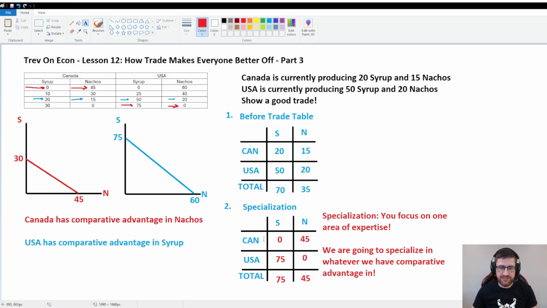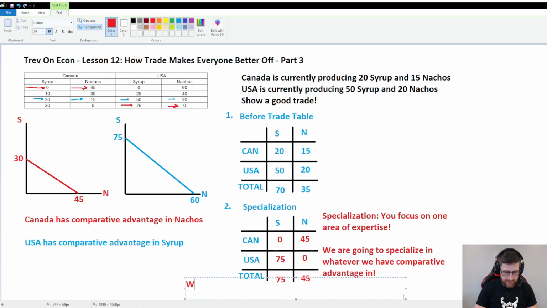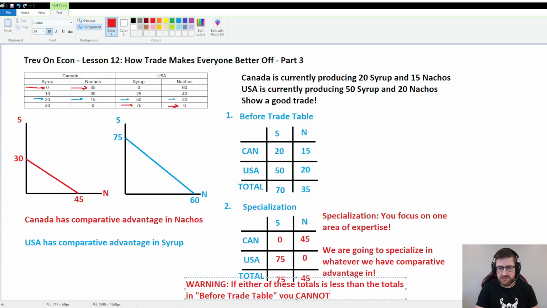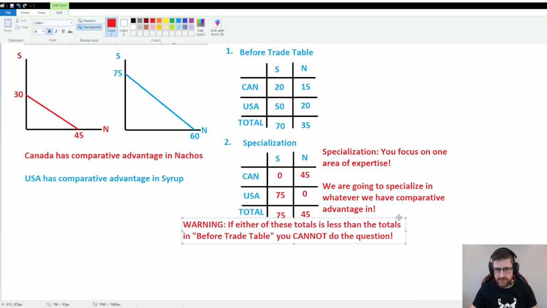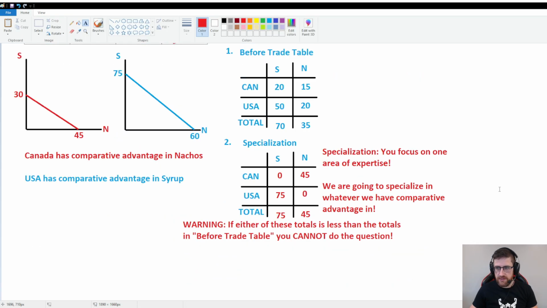You're not likely to run into this, but as a brief warning: if either of these totals is less than the totals in the before trade table, you cannot do the question. Okay, it's not going to work. Just make that a little bigger, throw it up there as our nice little warning, right?